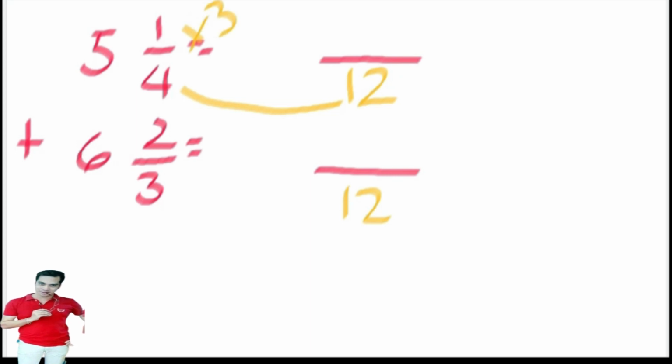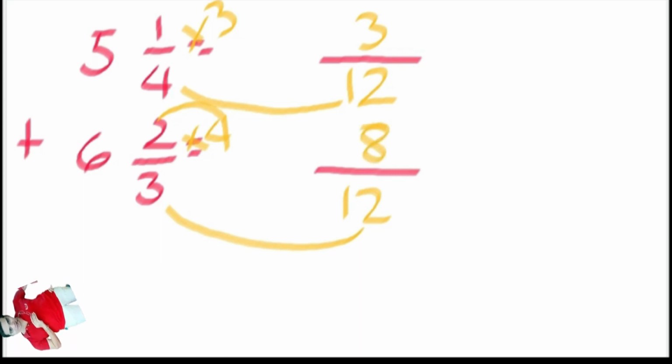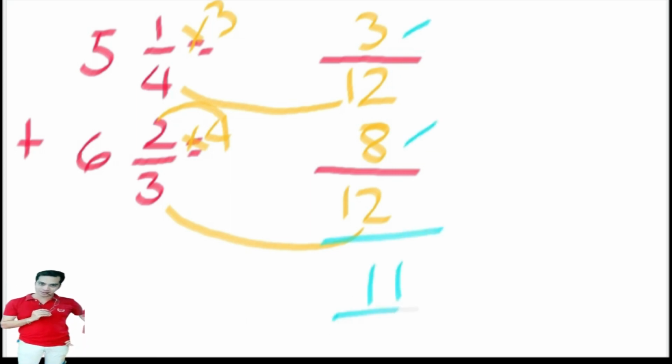Then, multiply sa numerator. 3 times 1, the answer is 3. Then, 12 divided by 3, the answer is 4. Then, multiply naman natin numerator. 2 times 4, the answer is 8. Then, add 3 plus 8, the answer is 11 over 12.